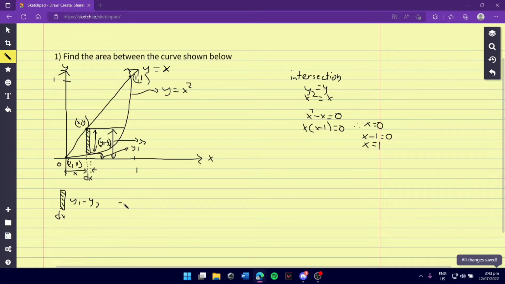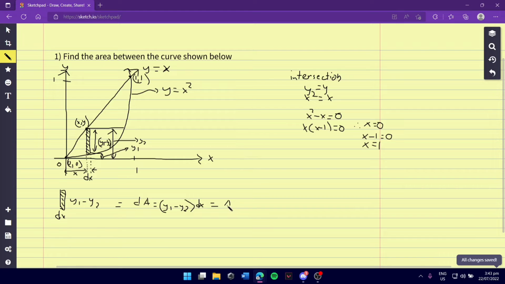So now, let us proceed. The differential area formula is y1 minus y2 times dx.